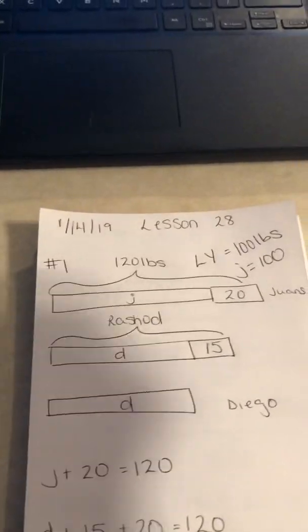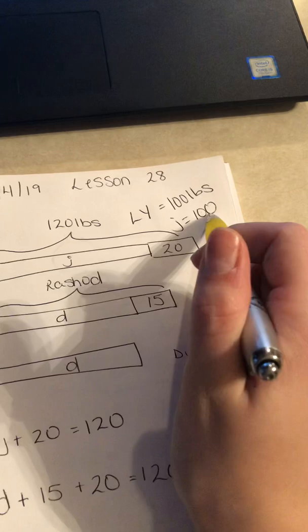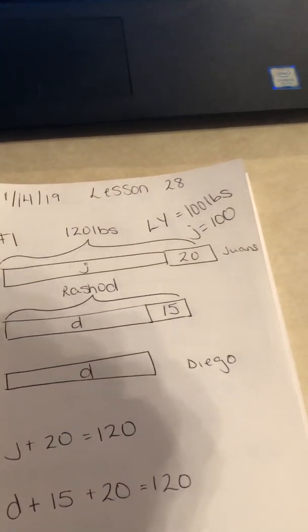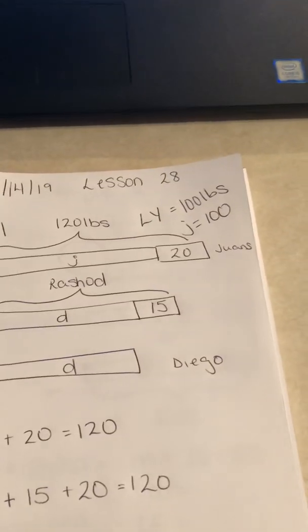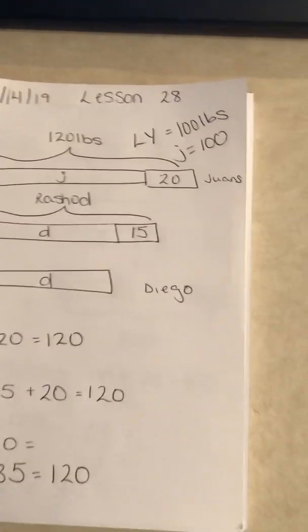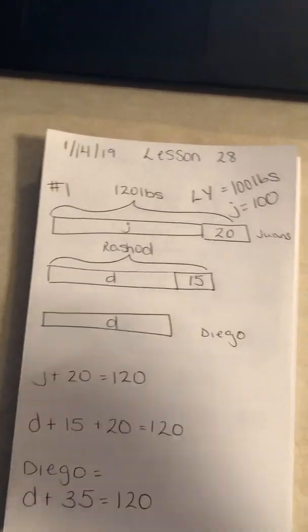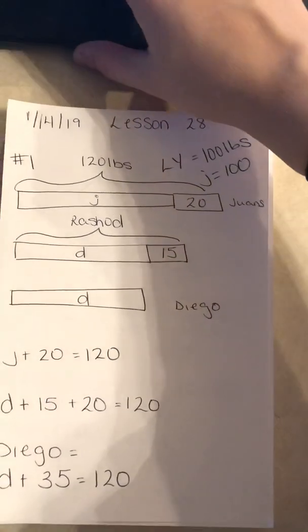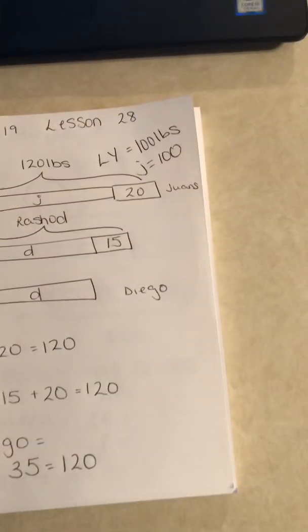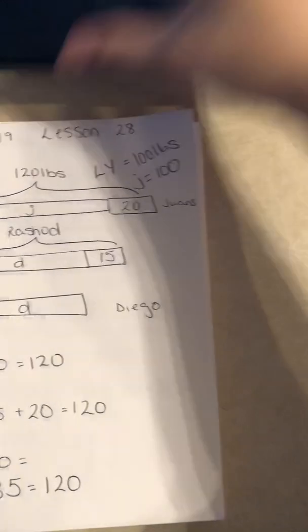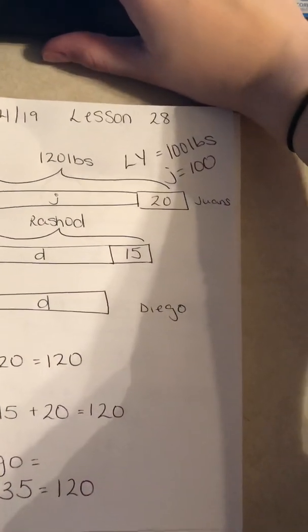If you're thinking about it like that, you know that Rashad and Juan weighed the same amount last year. So keep in mind that Rashad's going to have some sort of play in terms of weighing this like 100 pounds. And that's going to matter.